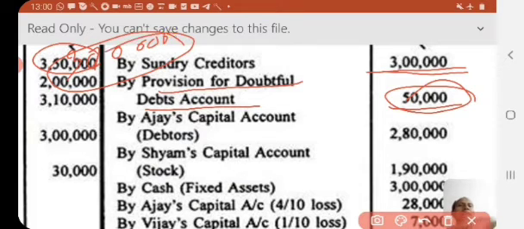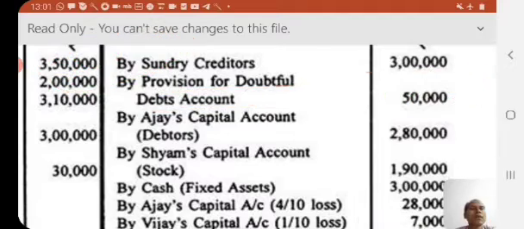Or first we write 3,50,000 here, and later write the provision for doubtful debts at the credit side. Now the recording of assets and liabilities in the realization account is over.